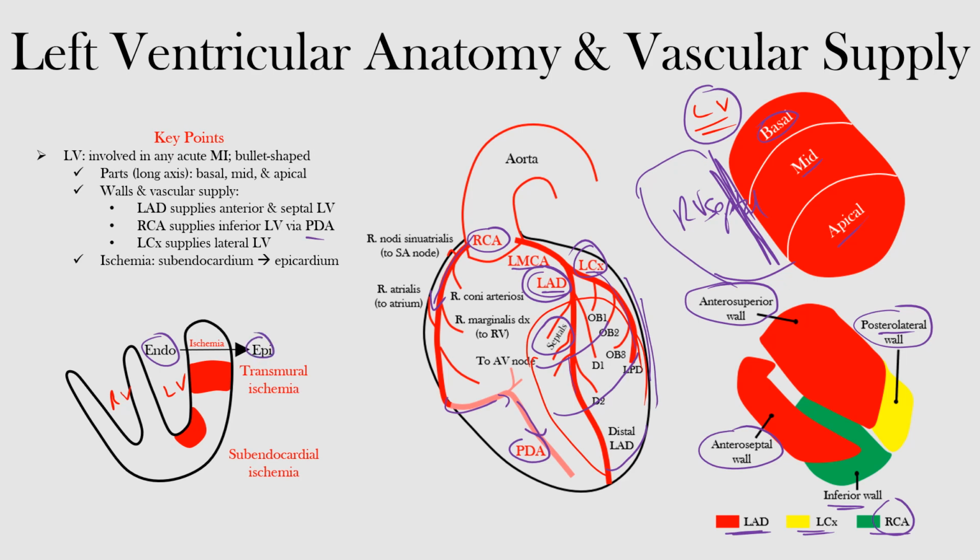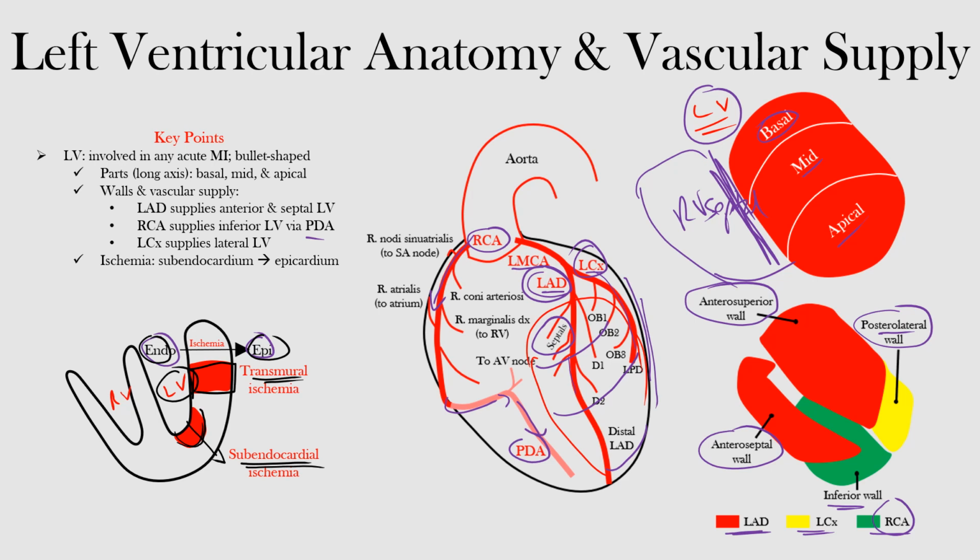Notice we have subendocardial ischemia involving the subendocardial layer of the left ventricle. So this is our left ventricle. And transmural is when we have full thickness ischemia. Notice the whole thickness of this is involved. Imagine if that subendocardial ischemia proceeded, it would come outwards. So going from endocardium to epicardium is the direction of ischemia in the left ventricle.